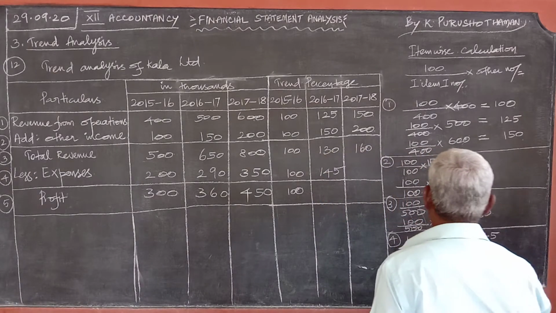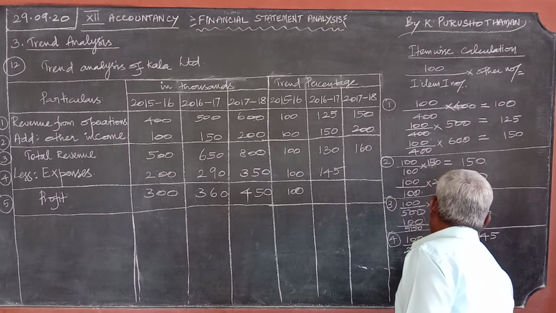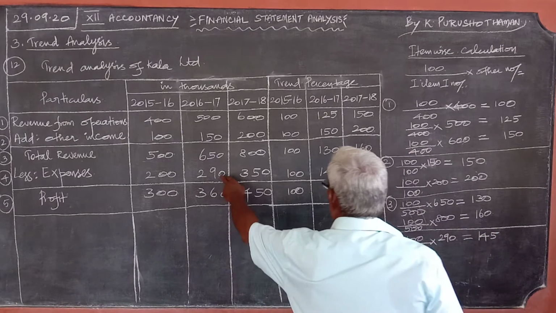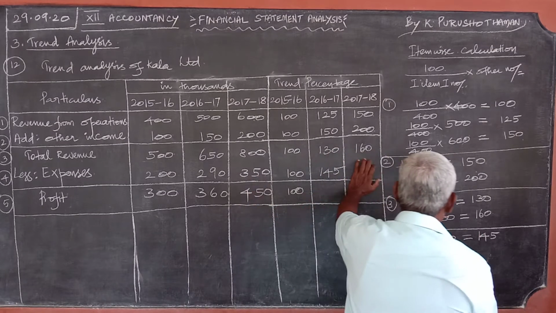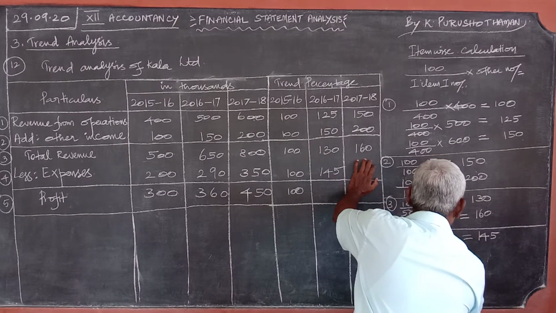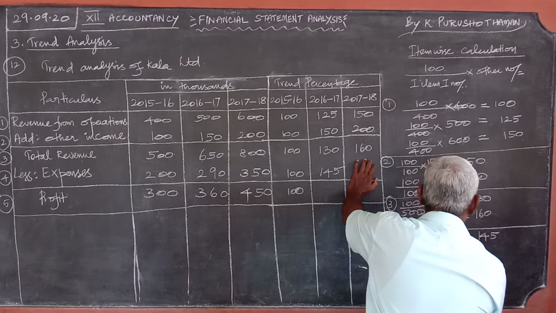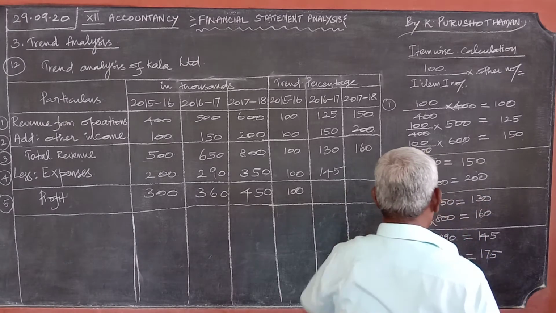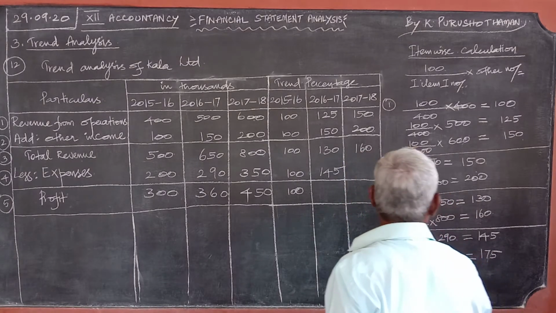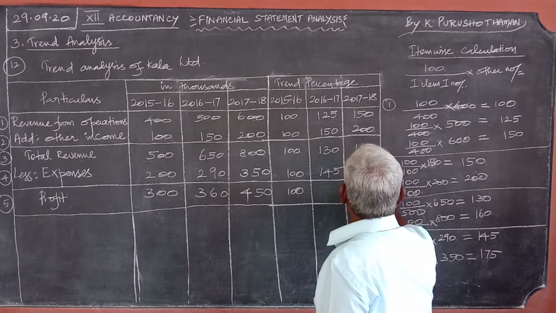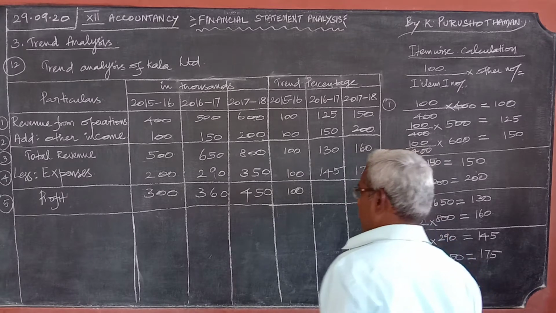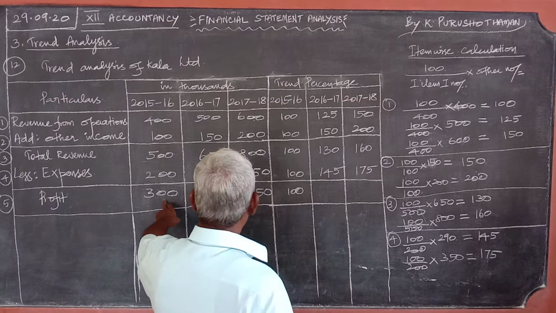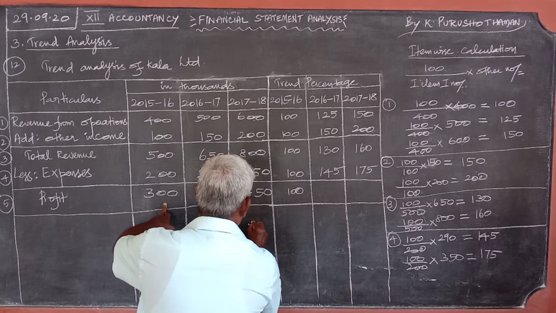Then 100 by 200 into, after 290, this item is 350. One by two of 350 is 175. And for this, 175 percentage.